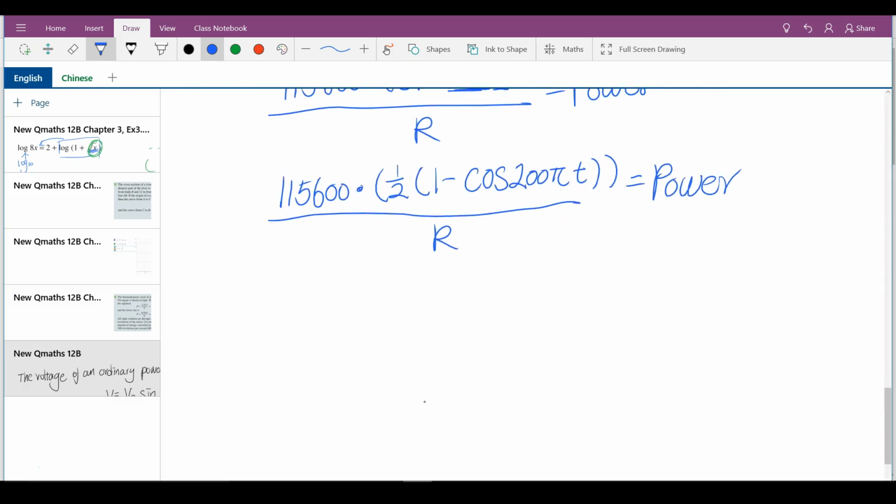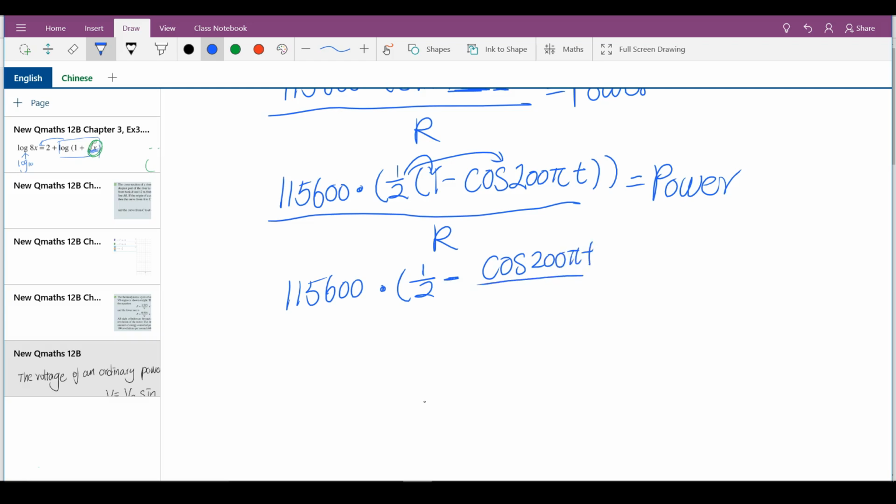Now we can expand some of the brackets to make life easier. Let's distribute the half into all of them. So it becomes half times 1 is half, minus all this bit on 2, all over r, to the power.